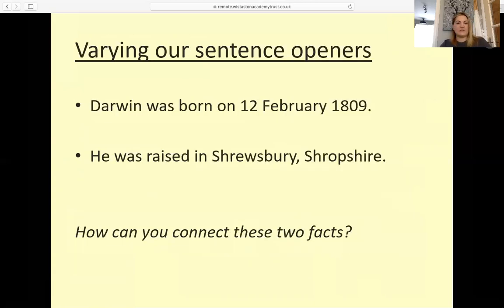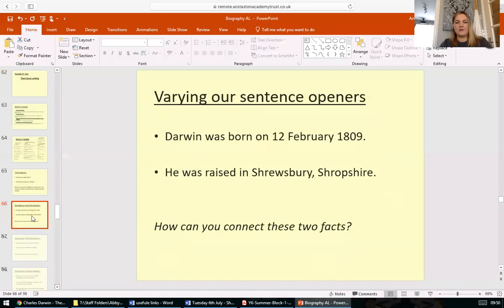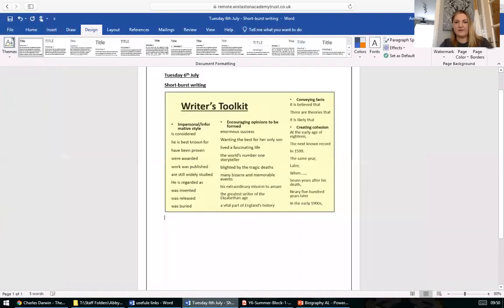So I've got these two facts. Darwin was born on the 12th of February 1809 and he was raised in Shrewsbury, Shropshire. How could I connect these two facts? How could I link them? Because if that was my piece of writing, it's not very interesting. So I'm going to model this one and you can have a go with the next one.